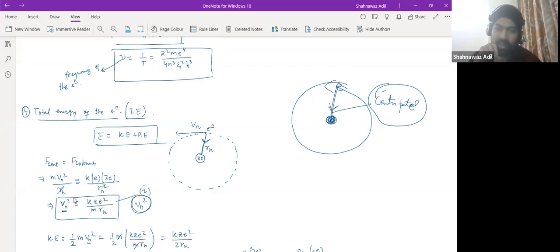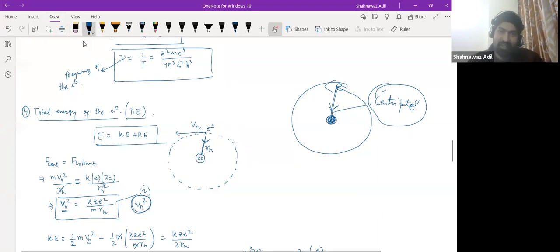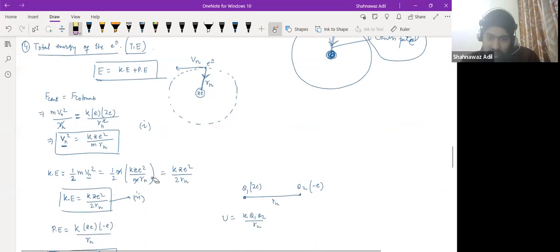What was your question? Sir, I was talking about the Vn square below the first equation. Yeah, so this Vn square is just the square of the velocity with which this electron is revolving. Right, this one? Yes, so this doesn't have any meaning. When I was explaining why didn't we take the whole square, that was your question.